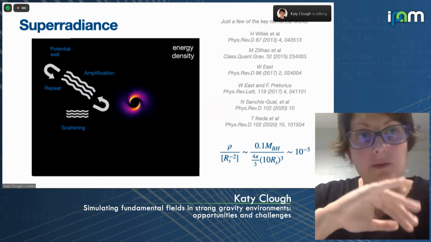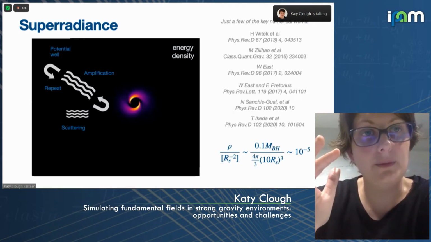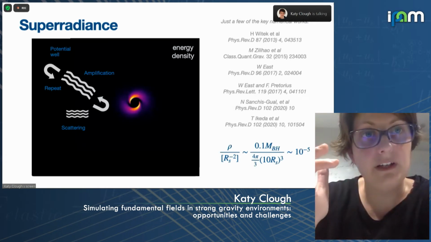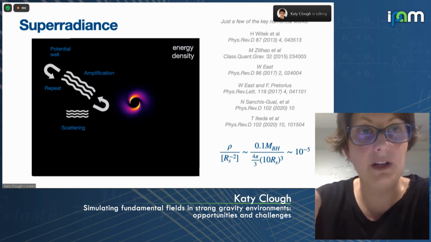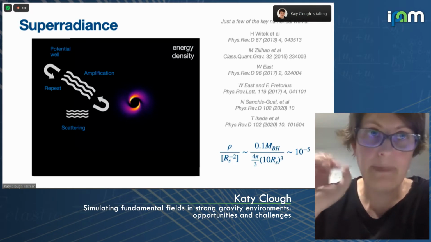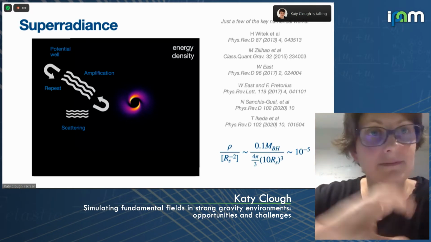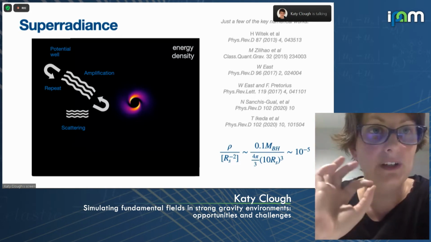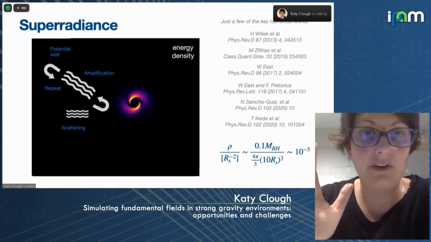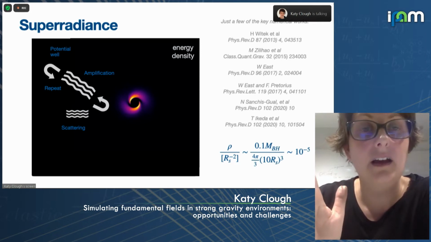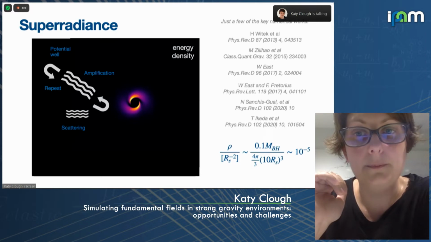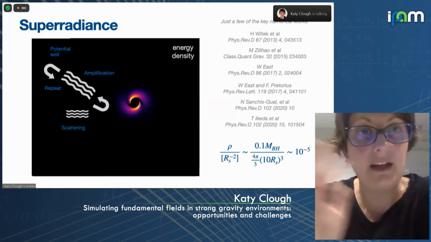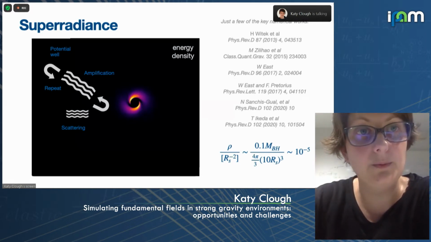So it's a kind of gradual spin down of the black hole and a gradual saturation of the mass of the cloud. And that wasn't necessarily obvious beforehand. It wasn't necessarily obvious that there wouldn't be some big bang and some throwing off of the scalar field or some very rapid spin down. But actually, it's a very adiabatic process, this kind of turn off of superradiance, which justifies then a lot of analytical work where that has been assumed.